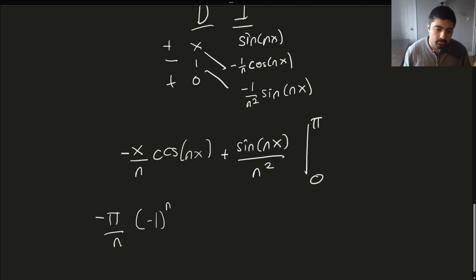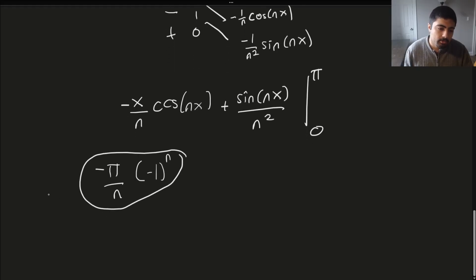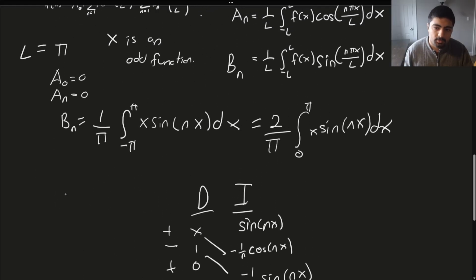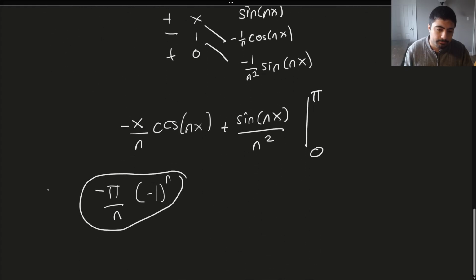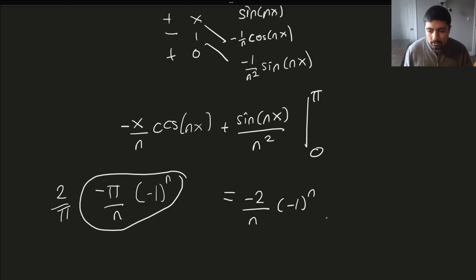So this is why our result of this integral will be negative 1 to the n times pi over n, and don't forget that we are multiplying by 2 over pi. Okay, so our result would be negative 2 over n times negative 1 to the n power, which is also 2 over n times negative 1 to the n plus 1 power.